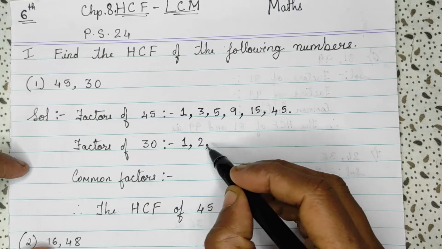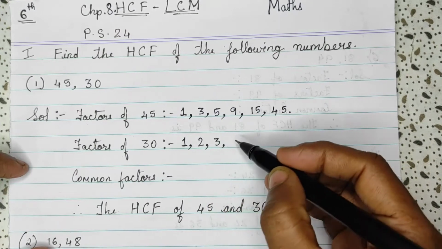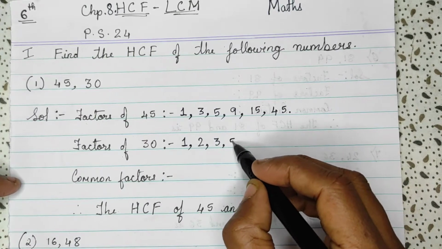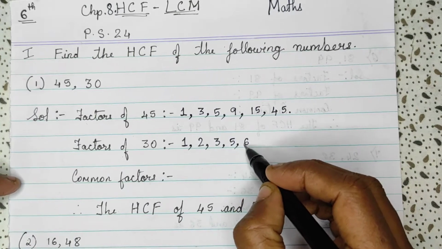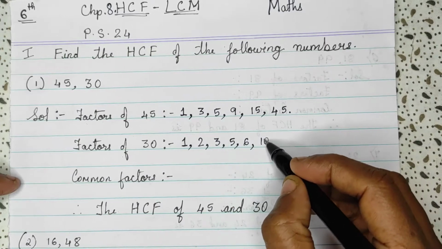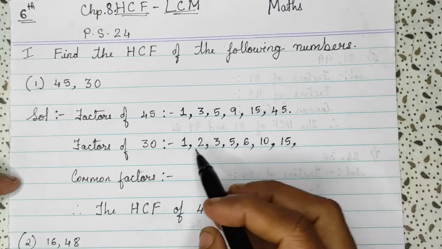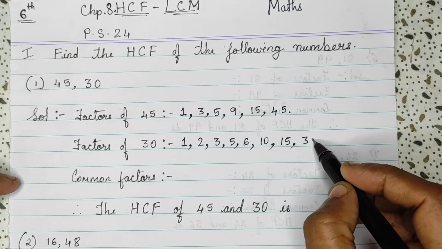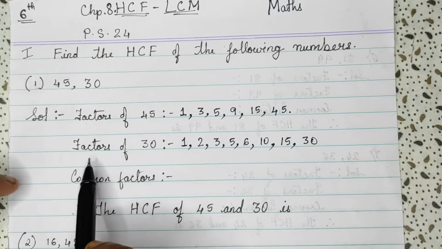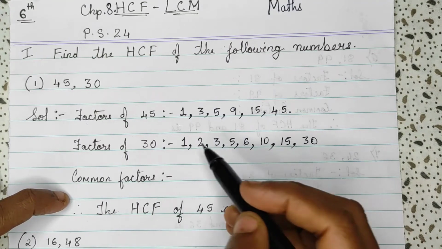Now factors of 30: 1, then 2 15s are 30, 3 10s are 30, then 5 6s are 30, 6 5s are 30, 3 10s are 30, 2 15s are 30, and 1 30 is 30. Now common factors.